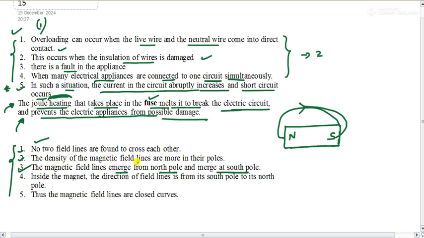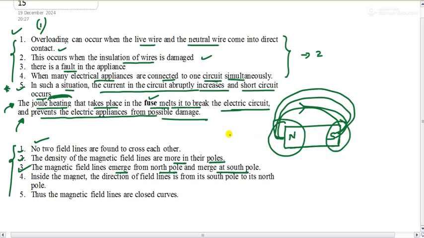The density of magnetic field lines is higher at the poles, because the strength is more at the poles. Inside the magnet the direction of the field is from south to north.